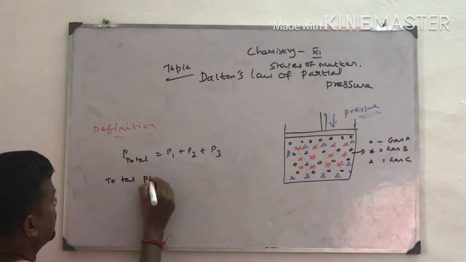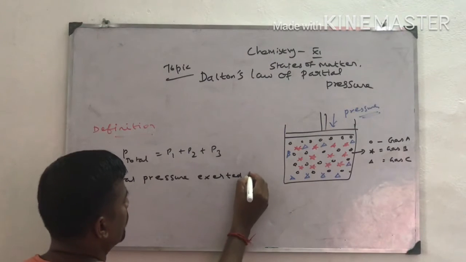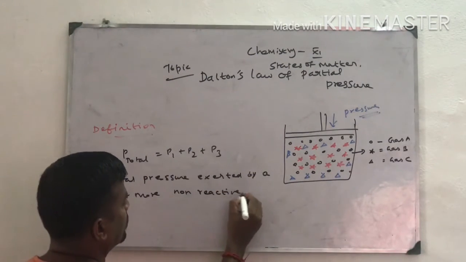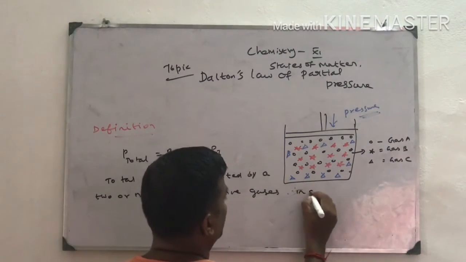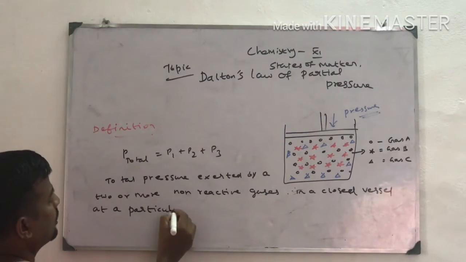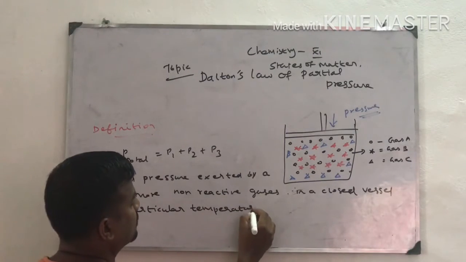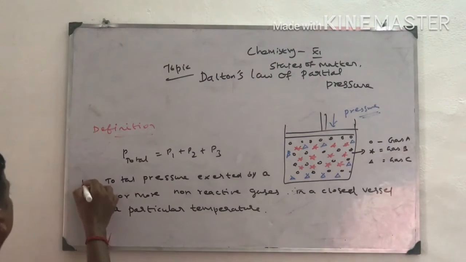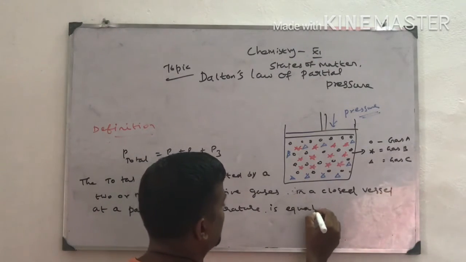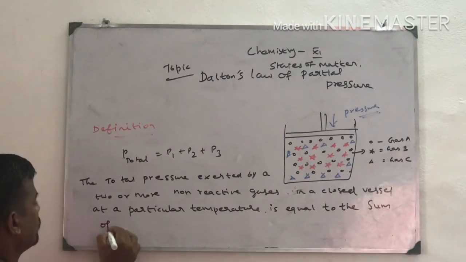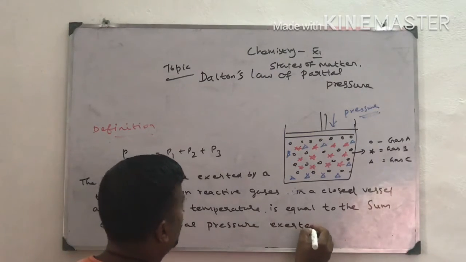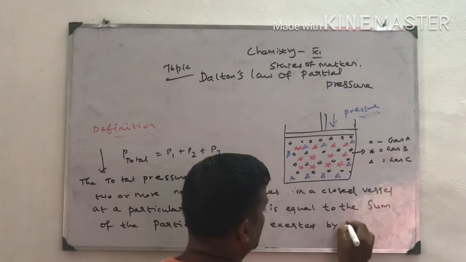The total pressure exerted by two or more non-reactive gases in a closed vessel at a particular temperature is equal to the sum of the partial pressures exerted by the individual gases.